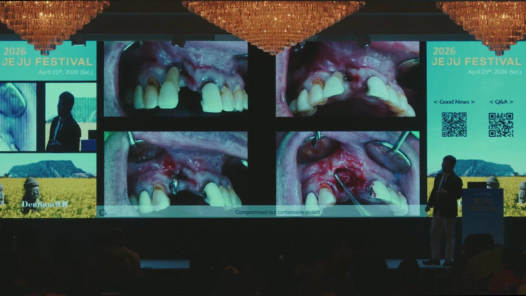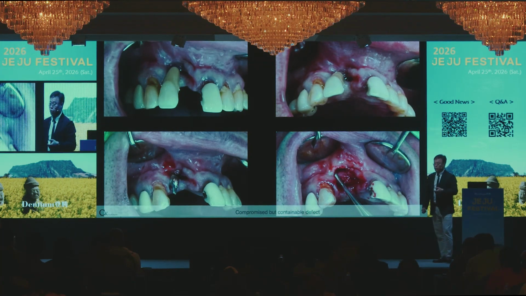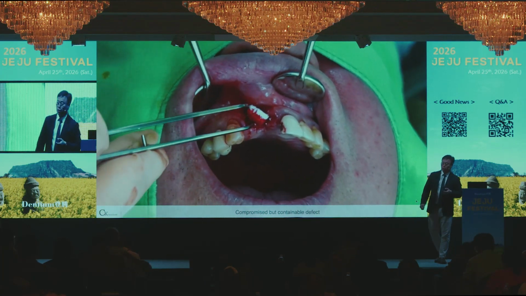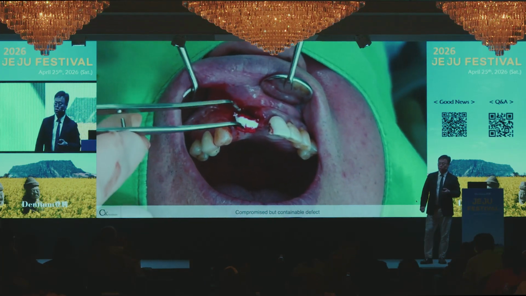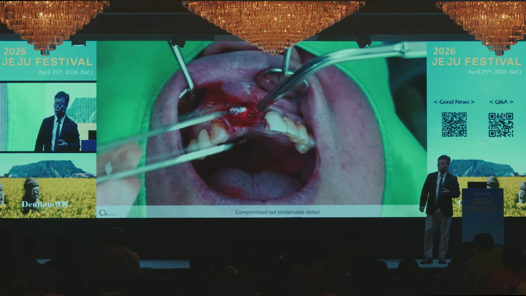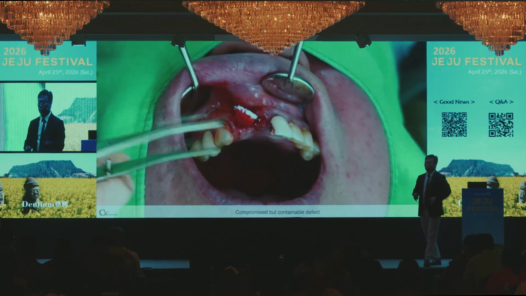So I had to remove the implant with peri-implantitis. So I simply applied the bone graft, collagenated bone graft. I'm going to skip a little bit. And the collagen graft too.